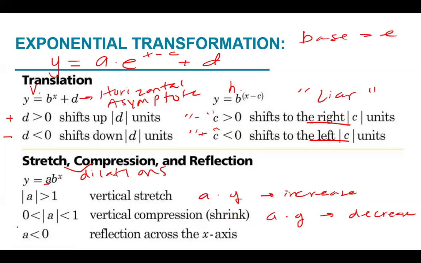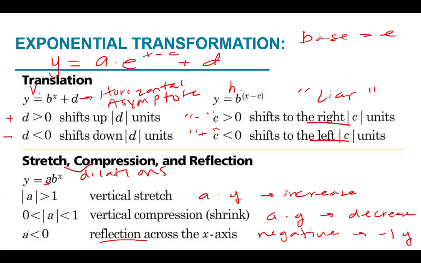Okay. When you look at your A as a whole number, as a whole integer, I'm sorry, if it is less than 0, meaning that it is negative, that is when it's going to reflect. And being negative means that you're taking your Y values and multiplying all your Y values by -1.